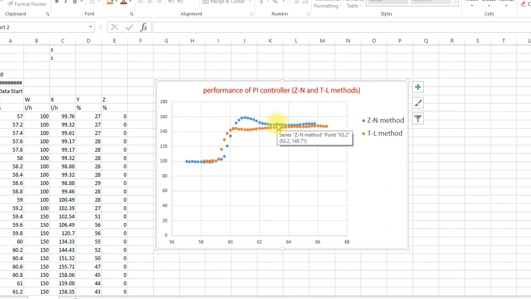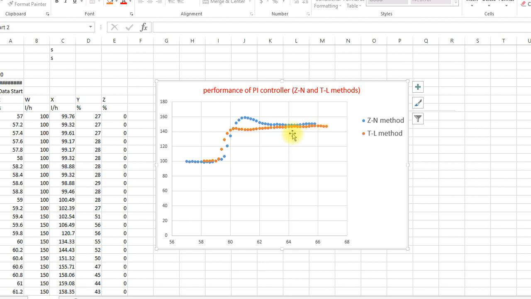So what's the major difference between ZN and TL? And this is the TL. TL is, as it approaches the set point, it becomes overcautious. It doesn't want to oscillate or overshoot, and then it almost decreases. Okay, and then again slowly goes to the set point.